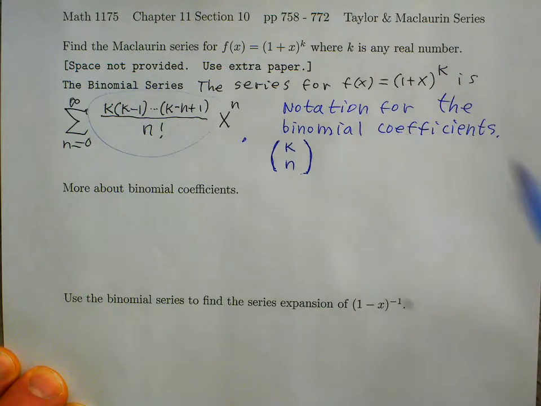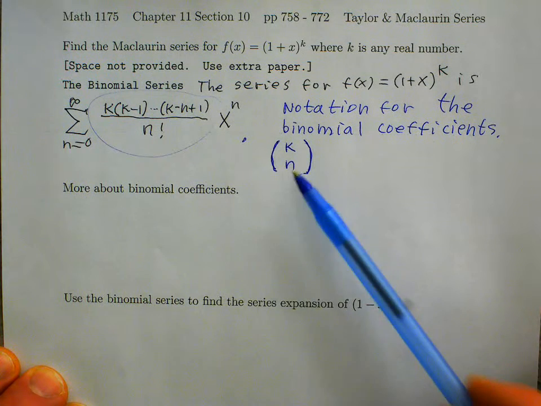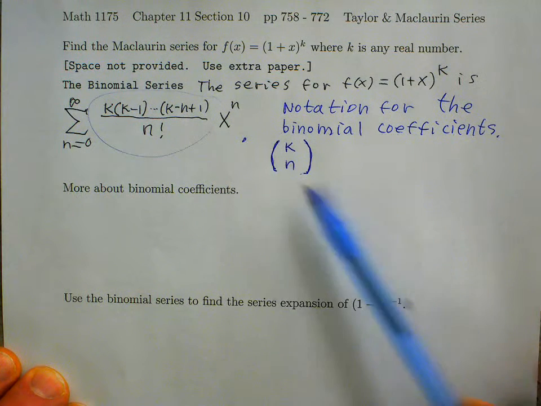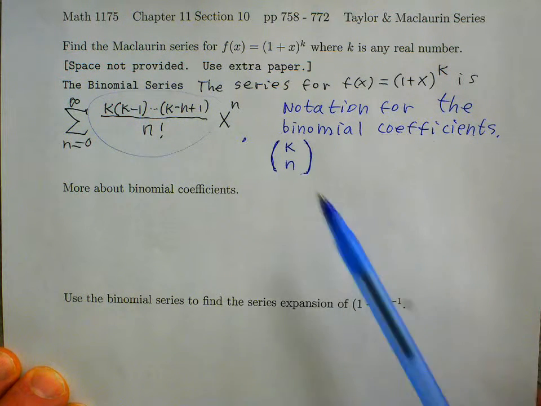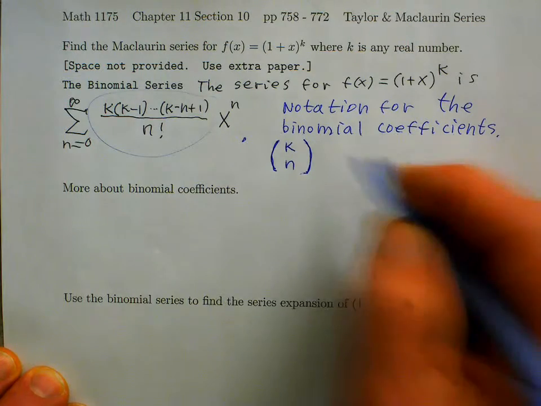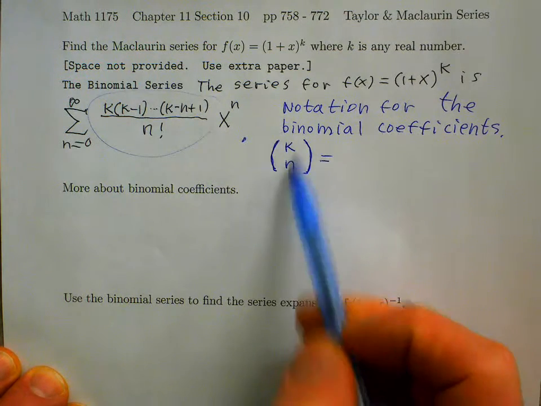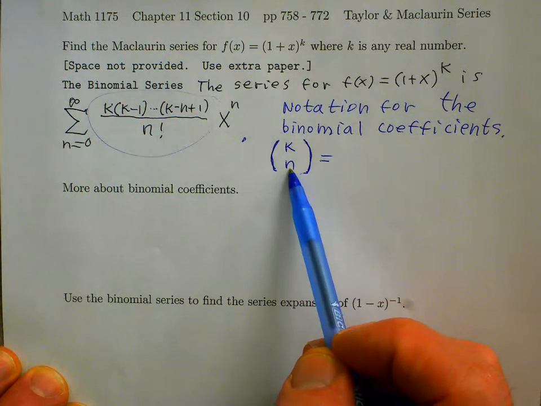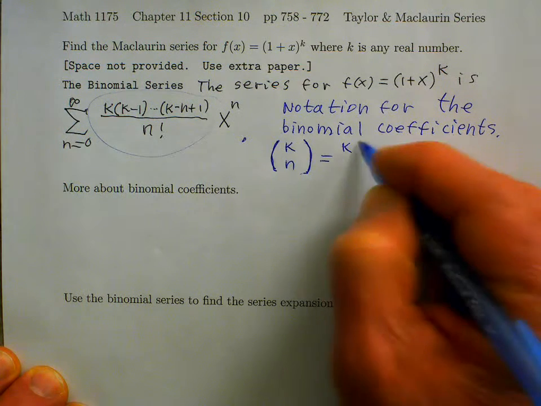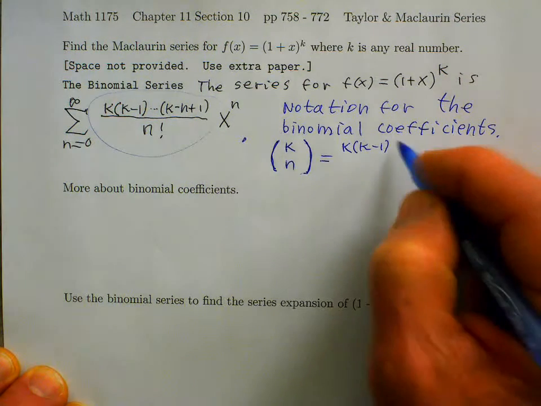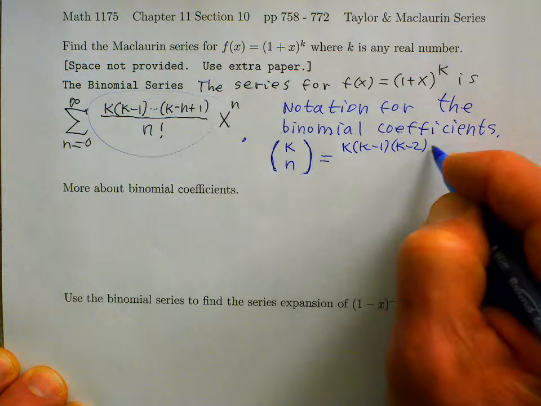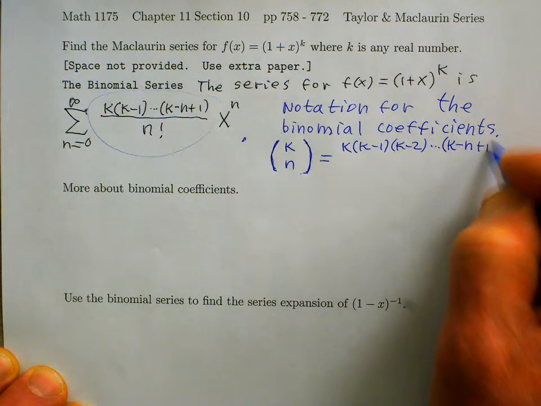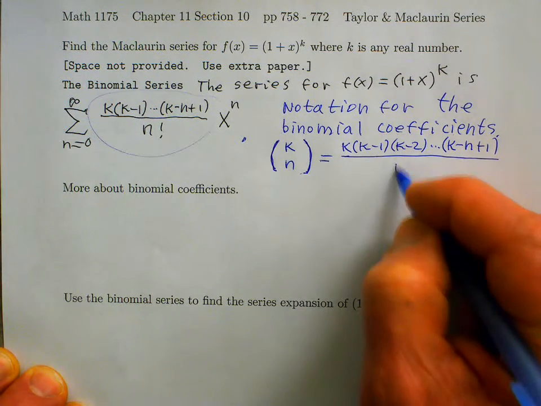In combinatorics, this particular notation is used quite a bit in a more restricted setting. But for convenience, this binomial coefficient, k choose n, is k times k minus 1 times k minus 2 and so on, up through k minus n plus 1, all divided by n factorial.